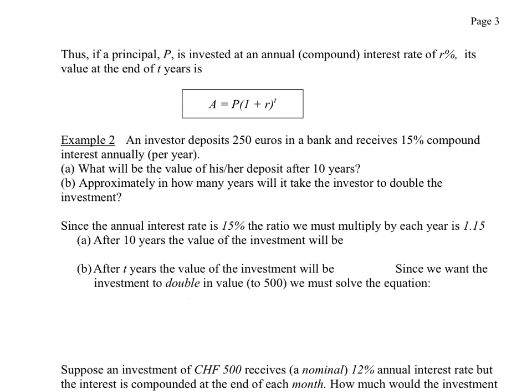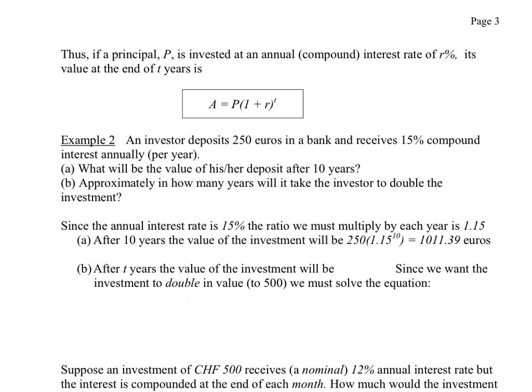So if you're trying to answer this question here, where someone's put in 250 euros in a bank and gets 15% compound interest annually every year, how much will be there after 10 years? Well, what you've got to do is take that 250 and multiply it by 1.15 to the power of 10.